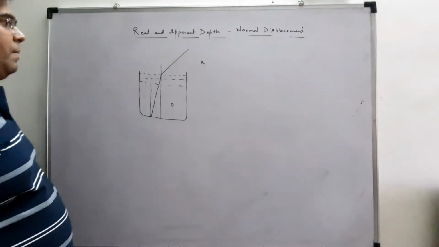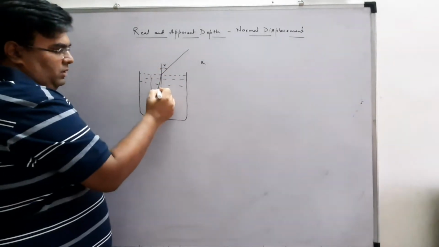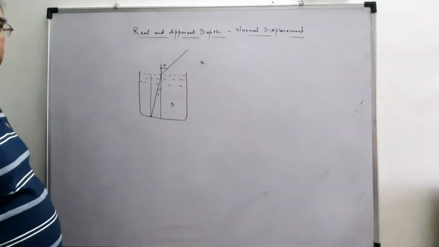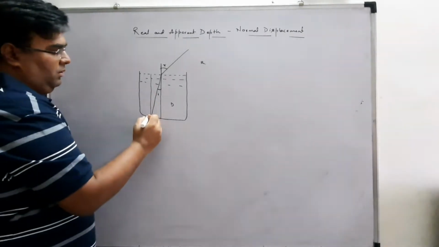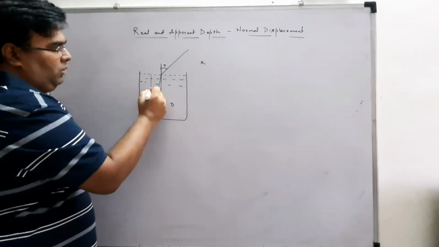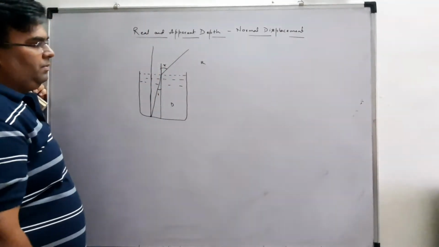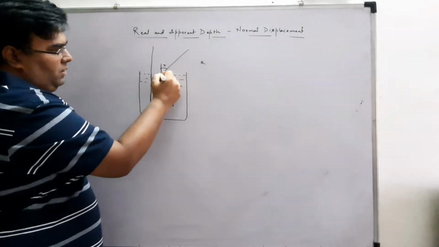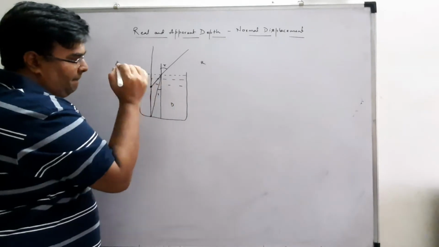This is angle I, this is angle R. And one ray will come normal, it will go upwards. So when these two rays meet, my image will be formed here.